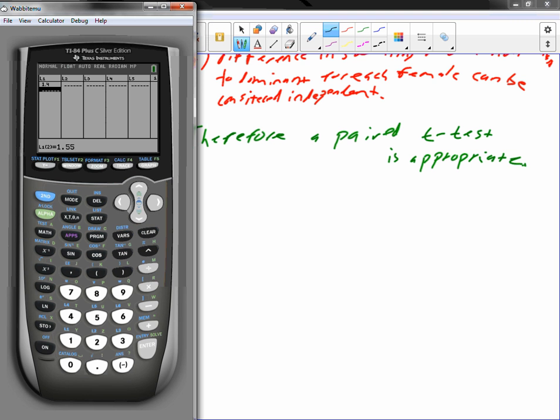And then 1.55. And you can do this with me as well. I'm going to leave the video running while I put these in, so feel free to go ahead and pull out your calculator and type these in as well.